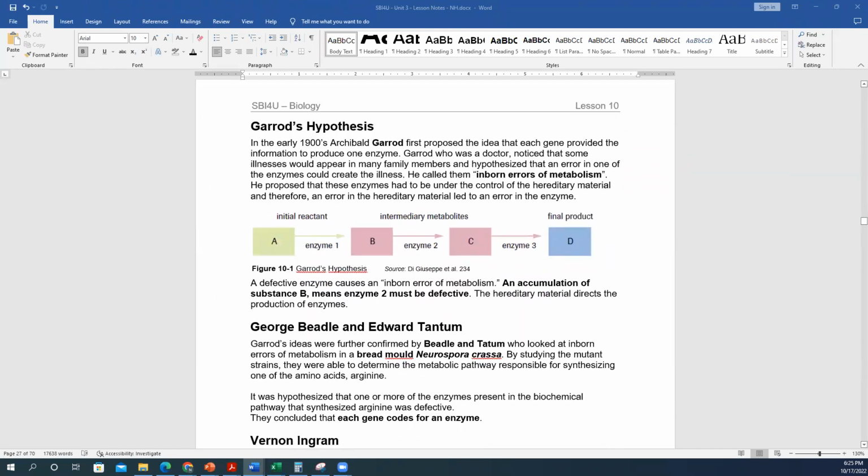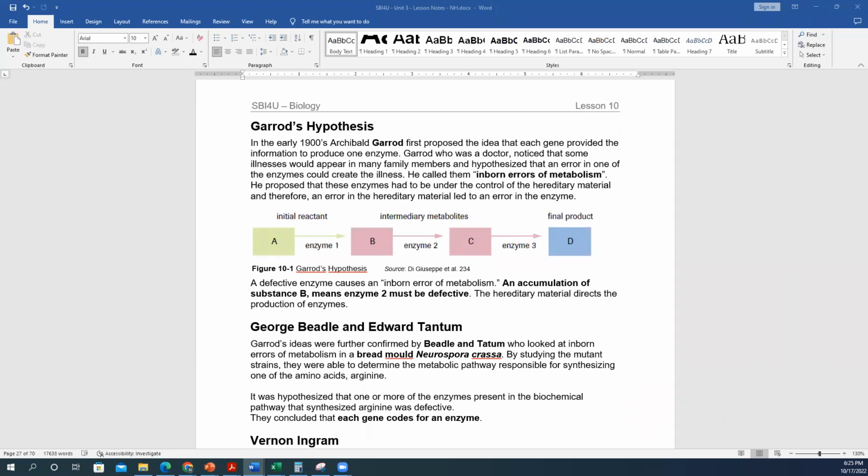This idea was further continued by another person called Archibald Garrod. Archibald Garrod was a doctor, and he noticed through his work that there were some illnesses that seemed to be present in many members of a family and were passed on in the family.